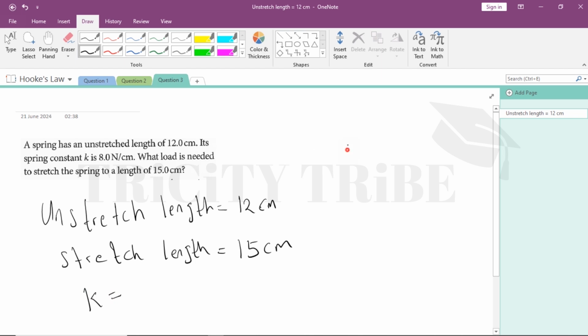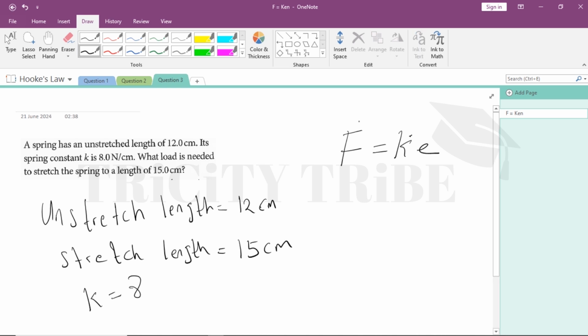Remember we have the formula what? Always remember your formula. F is equal to KE. So our K, which is this guy here, is what? 8. Now we're being asked what load is needed. The load is in what? In force, alright.